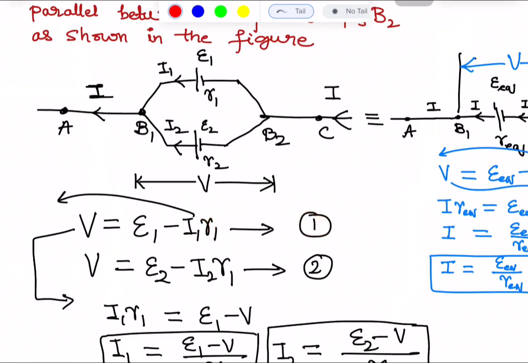Because the potential difference is the same across the two cells, we can write V is equal to the EMF of the second cell minus the current I2 sent by the second cell into its internal resistance R2.